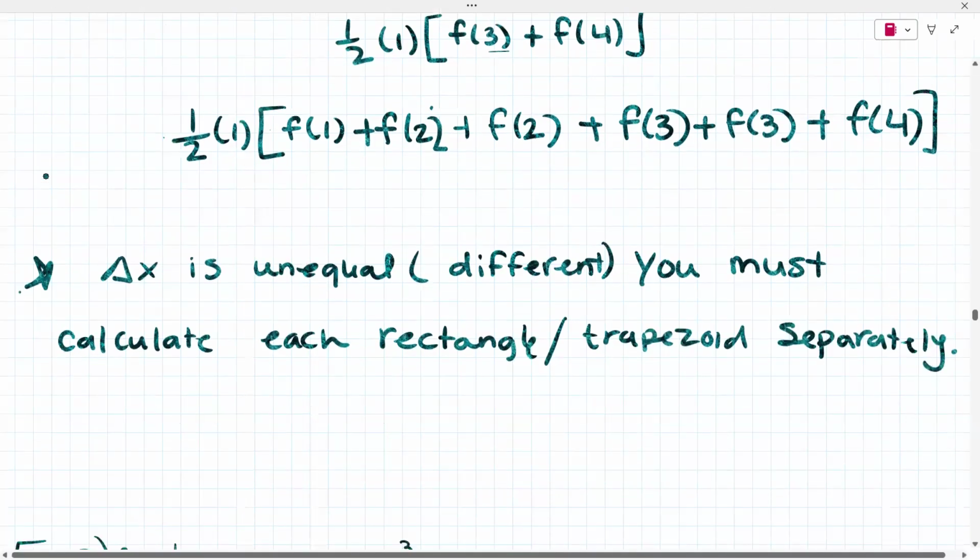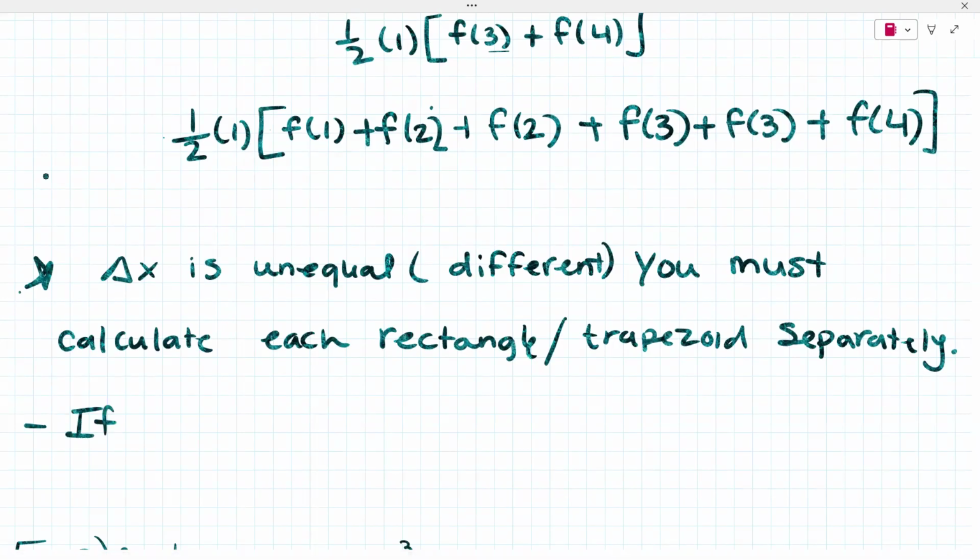And then if delta x are equal, then you can factor out to simplify. So if delta x are equal, like for example, they all had a 1/2, you could just factor it out and simplify.